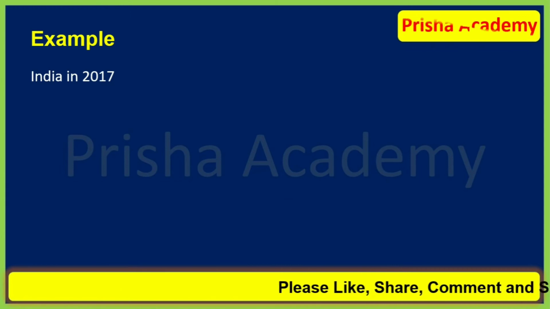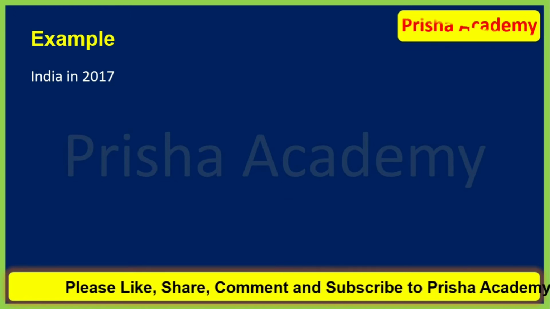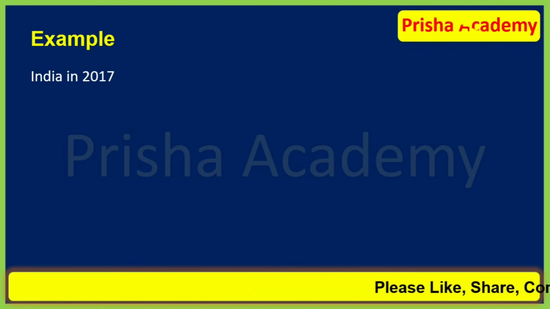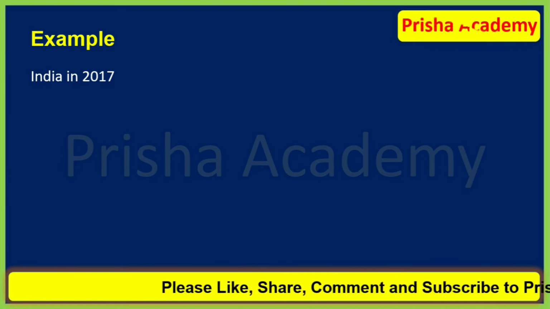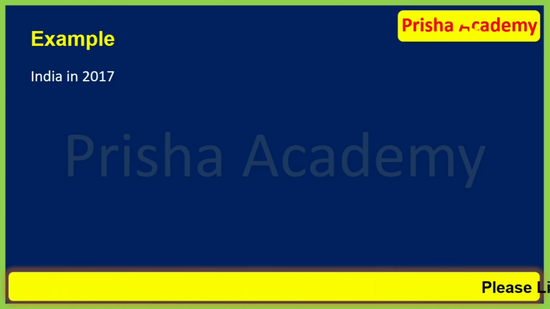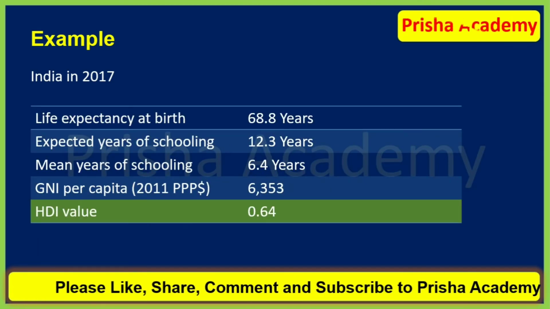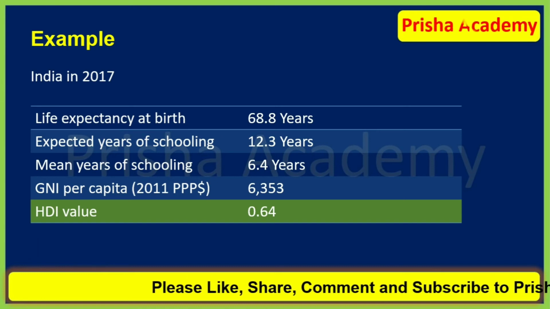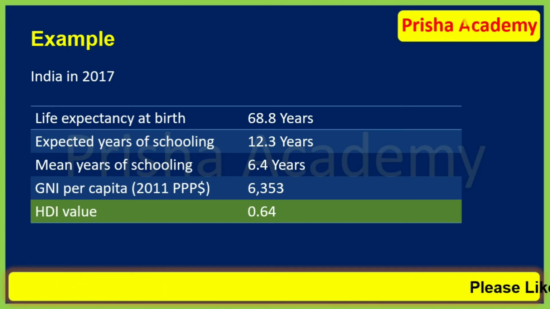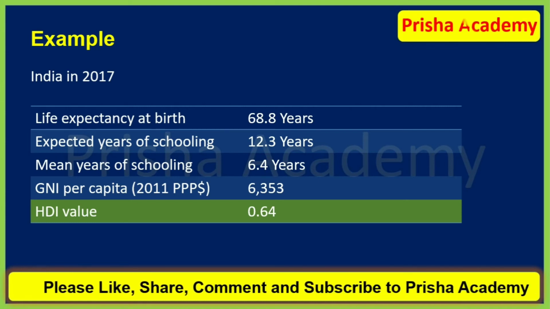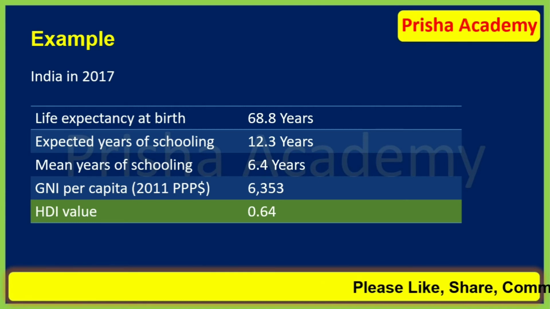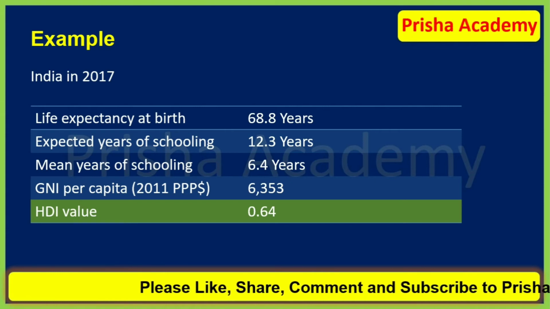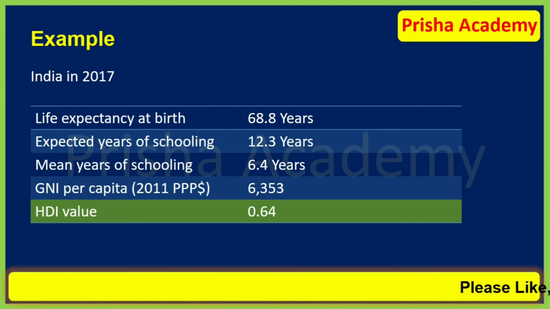Then let's see the example. Watch it clearly with proper attention, and then your concept related to the human development index will be clear. I have picked this data from the Human Development Report published by UNDP. In 2017, life expectancy at birth for India was 68.8 years.